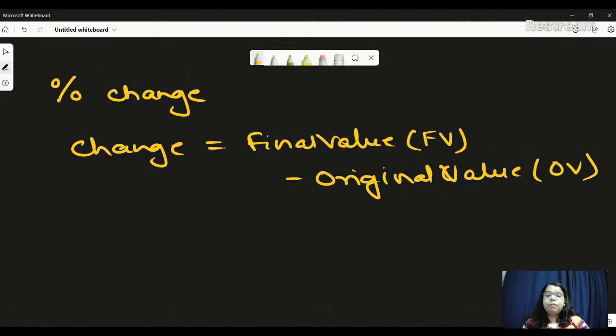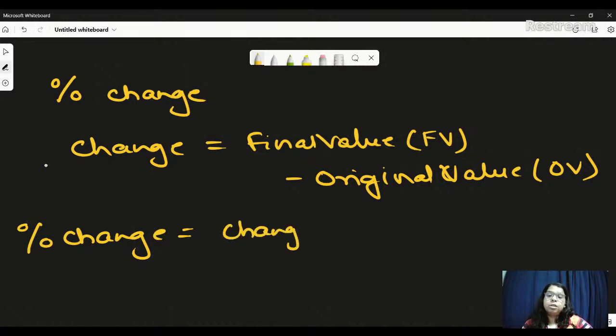Now, how do we find out the percentage change? Percentage change is given by change over original value multiplied by 100.